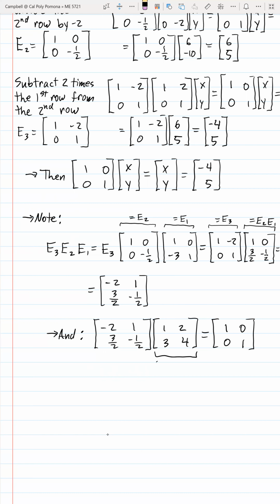So this is the original coefficient matrix. Here we'll just call it A, and we take those products, the overall product of the elementary matrices, multiply those together, we get a 2x2 identity matrix.